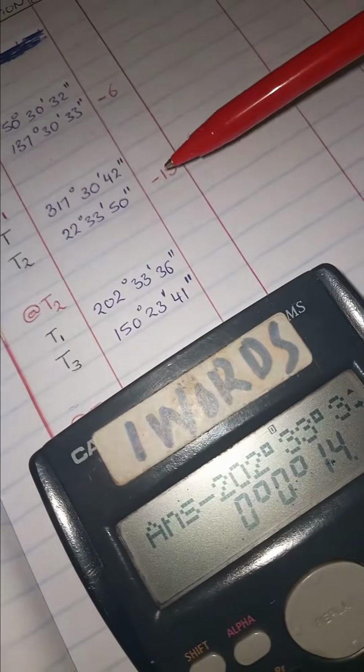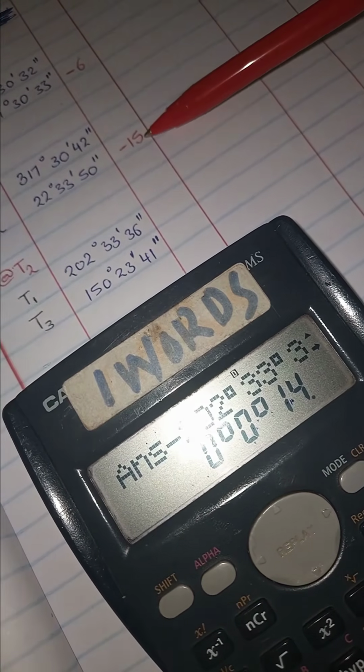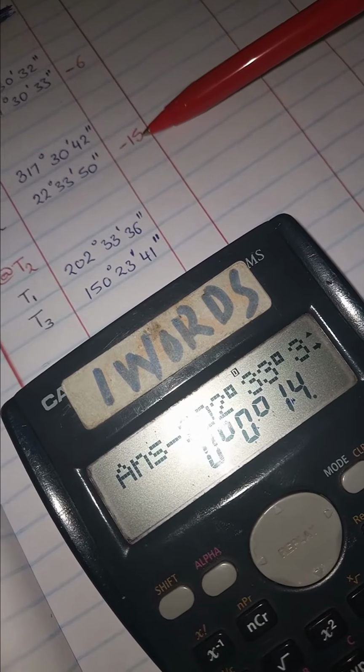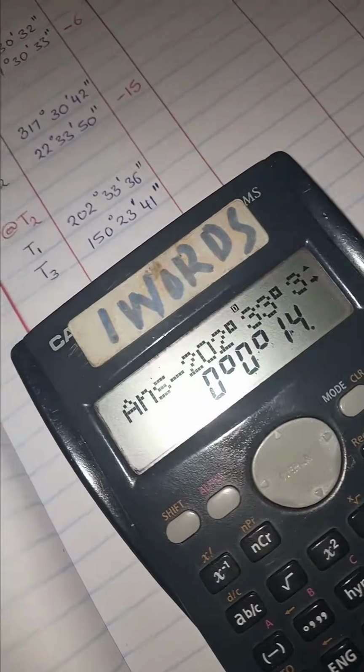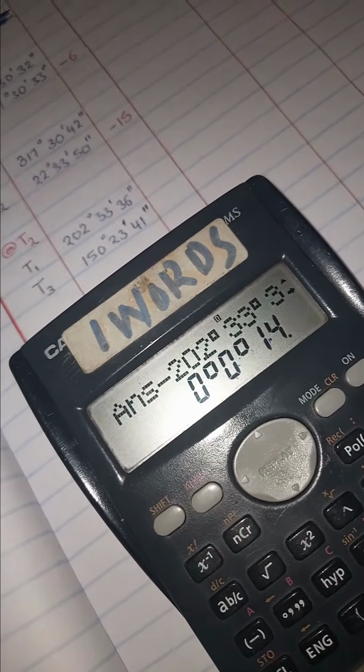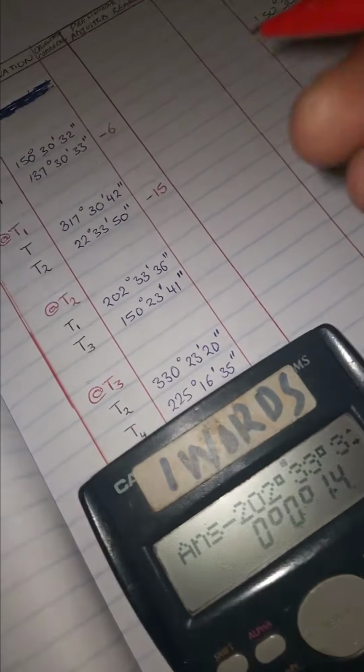But previously we had an orientation correction of negative 15. So by adding this correction to what we have gotten here, I will apply negative 15 plus positive 14. We don't need a calculator.